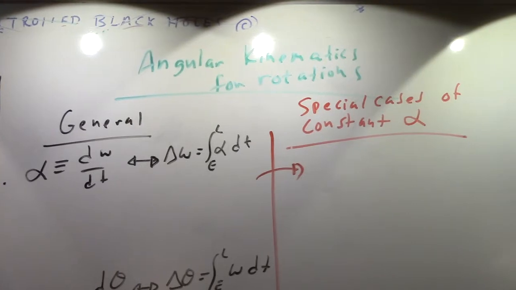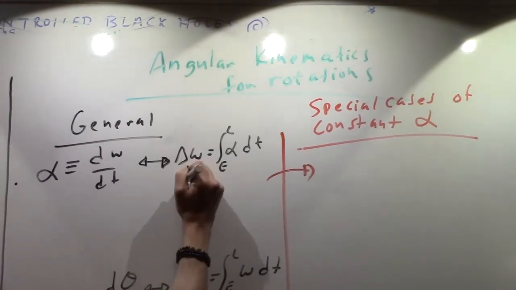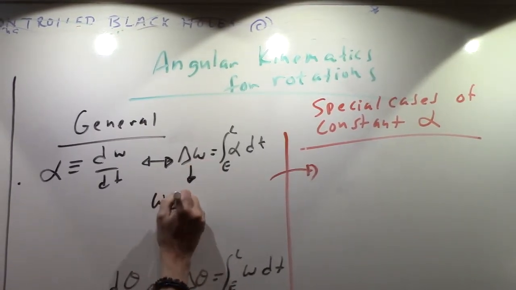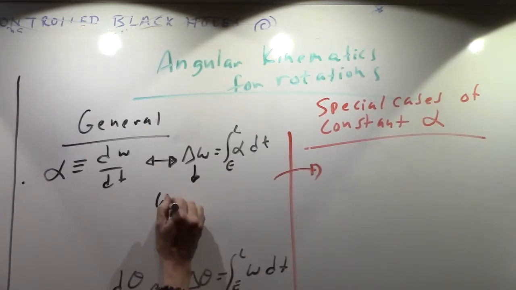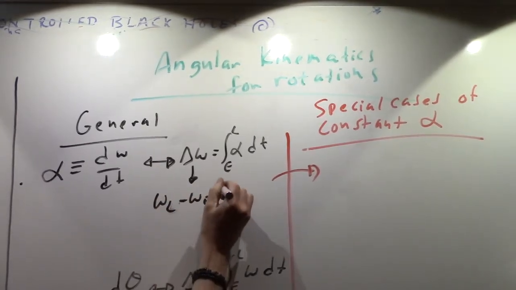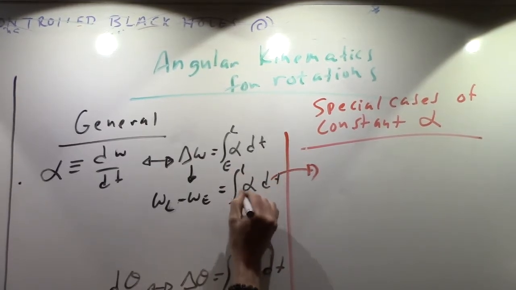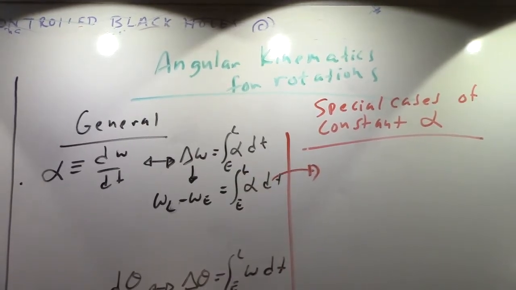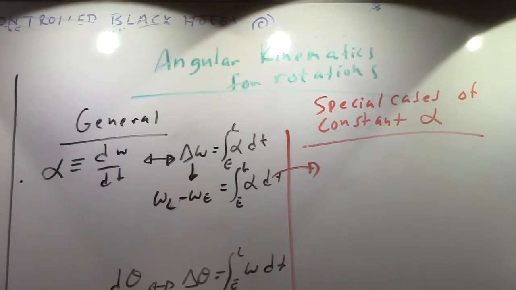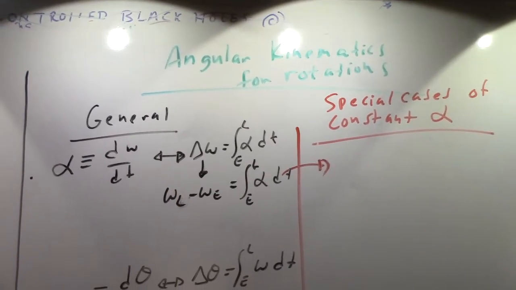And remember, if you need it, omega later minus omega earlier is equal to the integral of alpha dt. Now, to actually do this integral, you need alpha as a function of time.